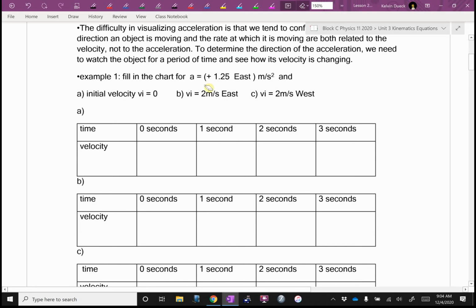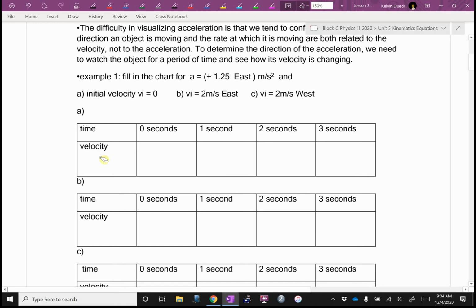We're going to have an acceleration of 1.25 meters per second squared east. Instead of writing east, I'm just going to call it positive. And then we're going to look at 3 different initial velocity situations and observe or figure out or derive what happens second by second.